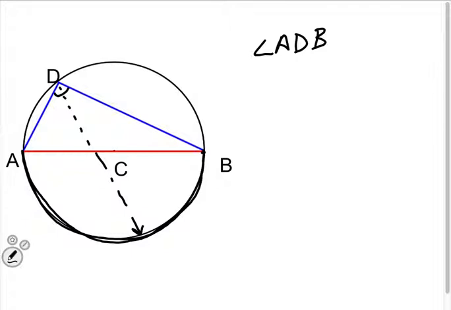What's more, not only is it subtended by that big arc, it's actually subtended by the diameter of the circle.